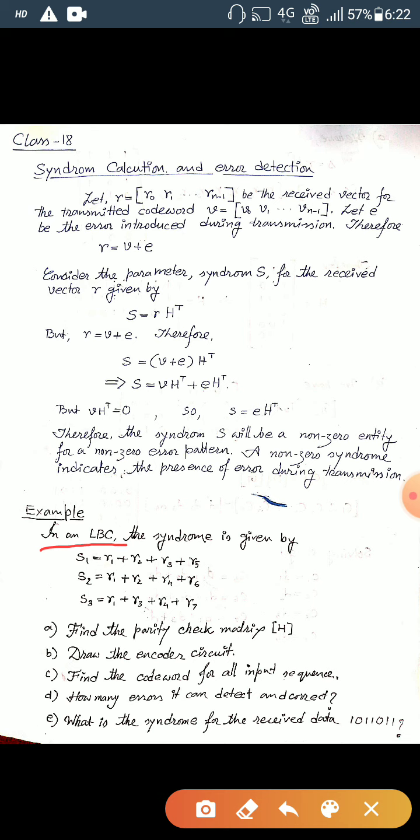For a linear block code, the syndrome is given as S1, S2 and S3 equal to this.